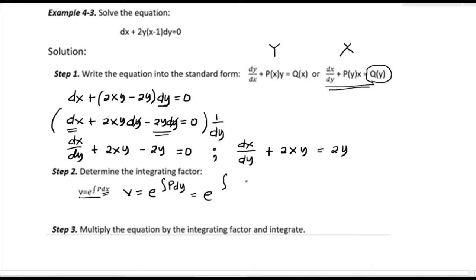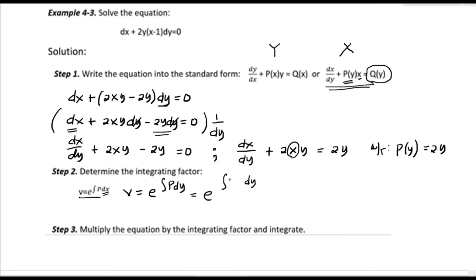So we have here e to the integral of P. What is our P here? Our P should be the coefficient of our x. So notice we have here x, then you have here the Py, which should be 2y.